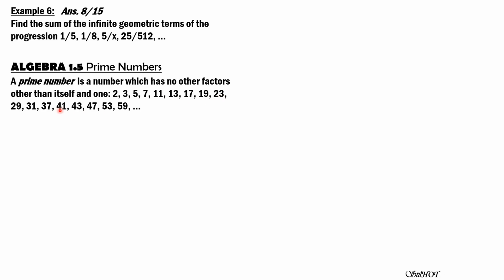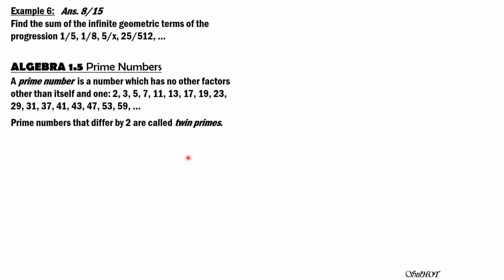I want you to be familiar with prime numbers between 2 to 97, the last prime number less than 100, and I hope that you can determine whether or not a given number greater than 2 digits is prime by extracting the square root. So prime numbers that differ by 2 are called twin primes.